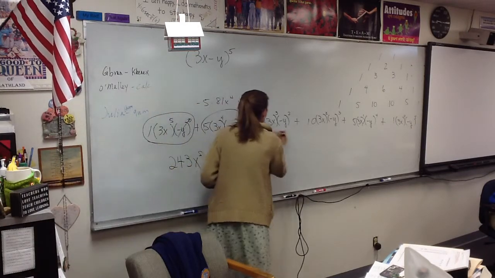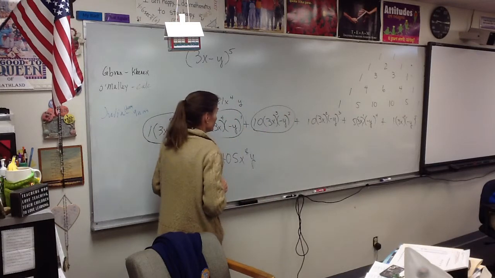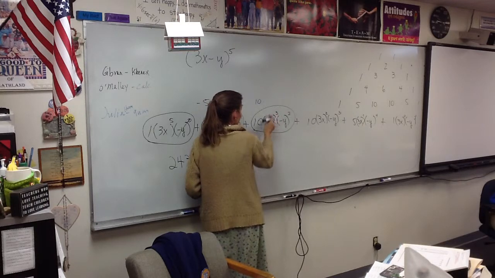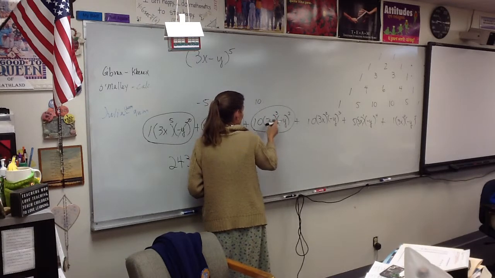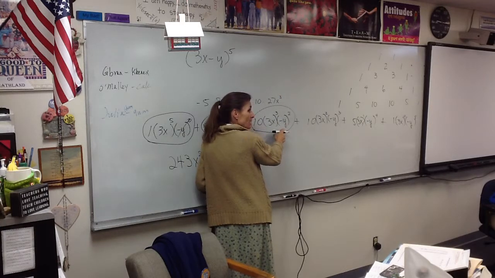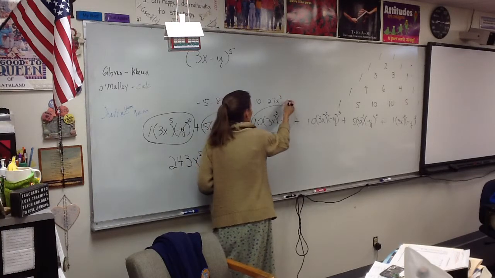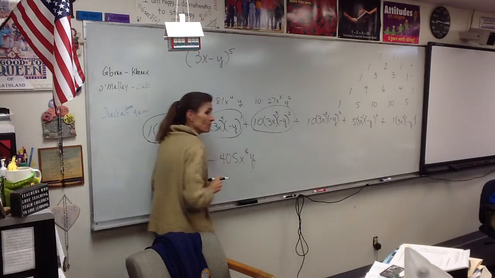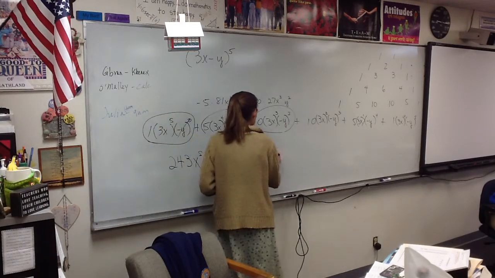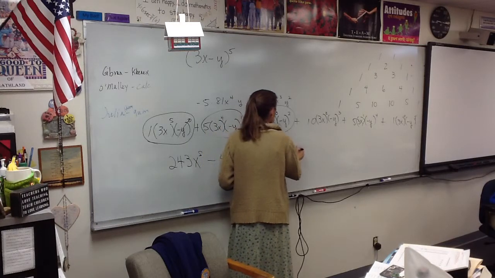Next, what do we got here? Got a 10. What's this term gonna be here? 27. Now, will this term be negative or positive? Positive, because we're squaring out the negative. So that'll be 270 x cubed y squared.